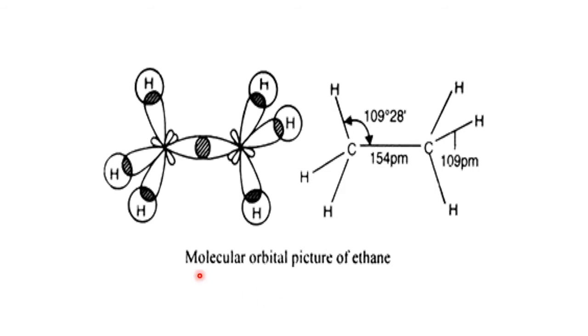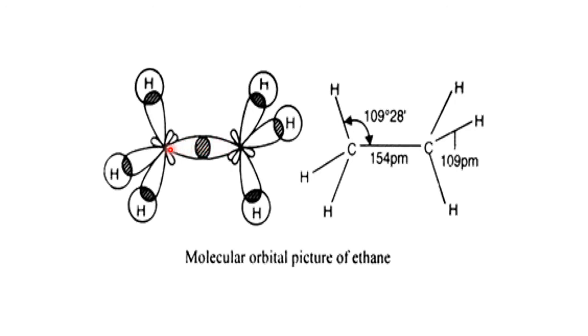See here, this is one carbon with sp3, 1, 2, 3, 4, tetrahedral. This is another carbon with sp3. They approach. When they approach, this lobe will overlap with this lobe of the other carbon. So a bond is formed here.